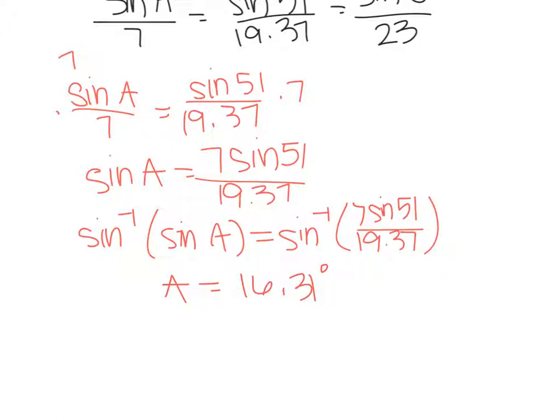Now all we have to do is find angle C. We do 180 minus 16.31 minus our 51 degree angle, and angle C is 112.69 degrees.